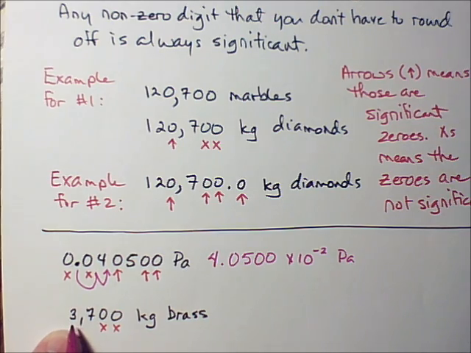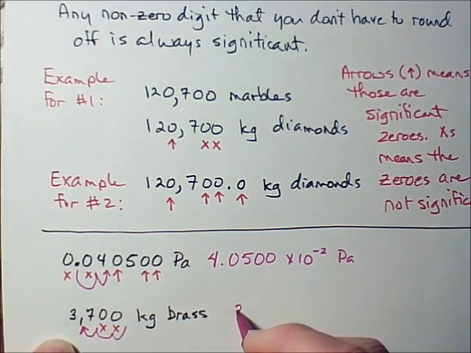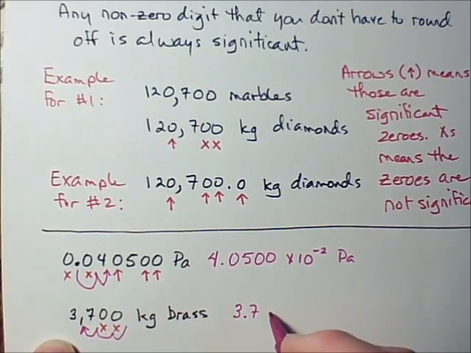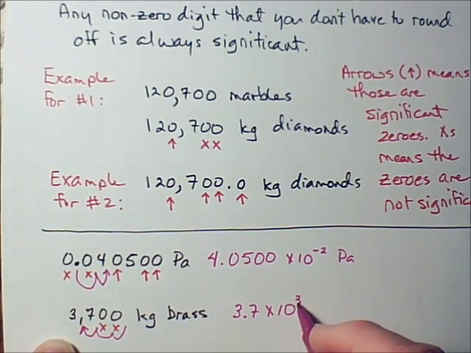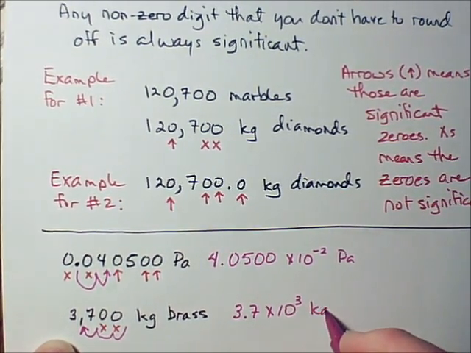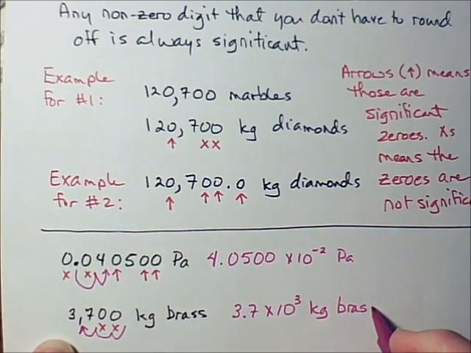That's this 3. So if I have to move it to the left 1, 2, 3 places, then my exponent is a 3 on the 10. So that becomes 3.7 times 10 to the third power kilograms of brass.